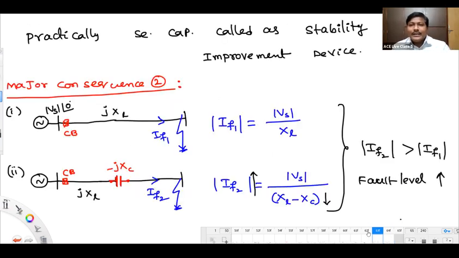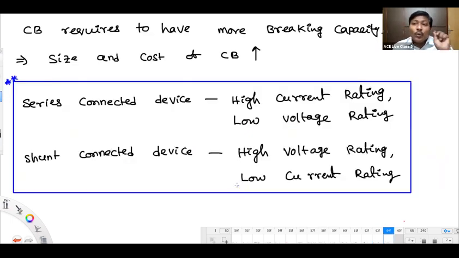This is a series capacitor we have added. What is the property of the series capacitor with respect to ratings? It will have a high current rating, but a low voltage rating.